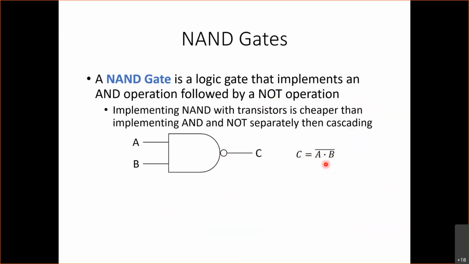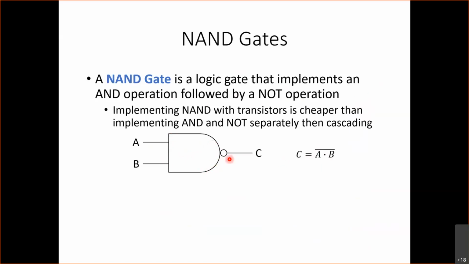Now there's one important thing to note here, which is that it turns out that implementing a NAND gate is cheaper than implementing an AND gate and a NOT gate separately. Logically, this NAND gate is equivalent to an AND gate followed by a NOT gate.